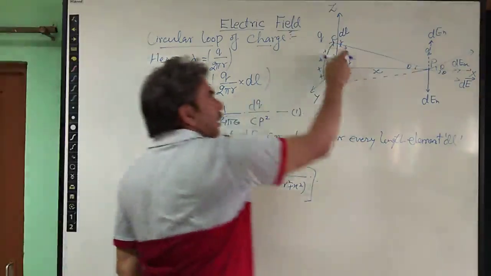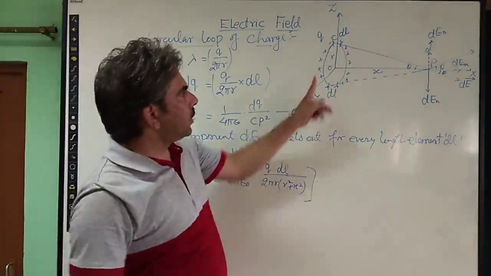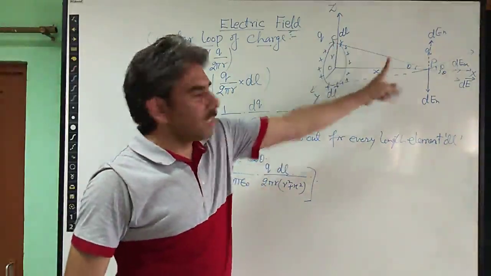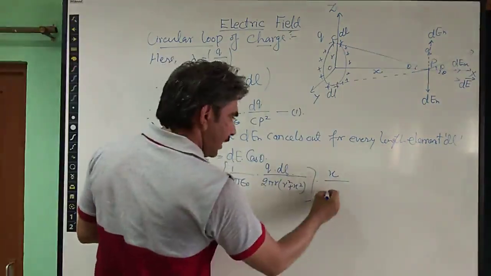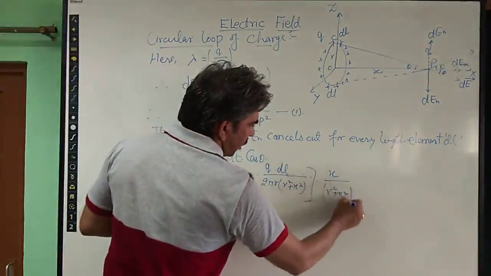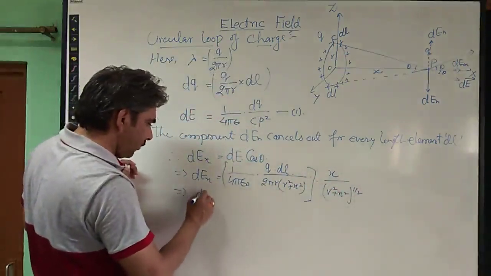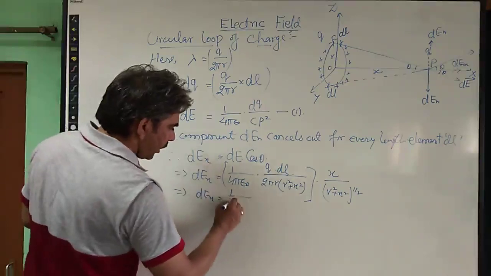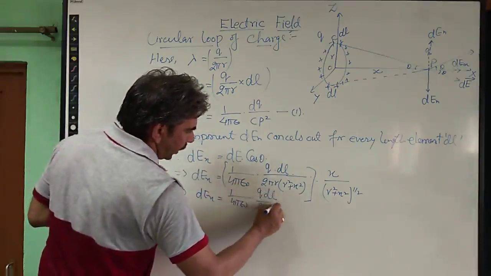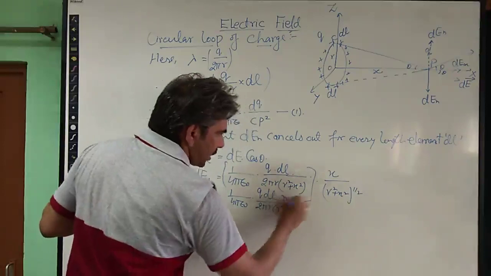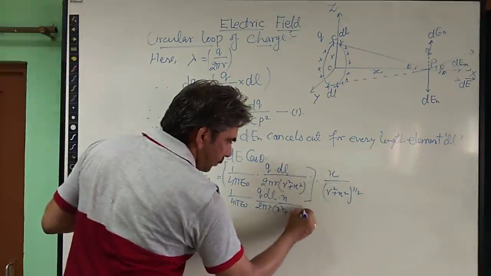From the same triangle, you can write the expression for cos theta, which simply says OP divided by CP. So it is OP, which is x, divided by CP, which is again r square plus x square to the power 1 by 2. So we just write it in a simple form: dEx is equal to 1 upon 4 pi epsilon naught into q dl upon 2 pi r into x upon r square plus x square. Here it is power 1 by 2, together it makes the power 3 by 2.